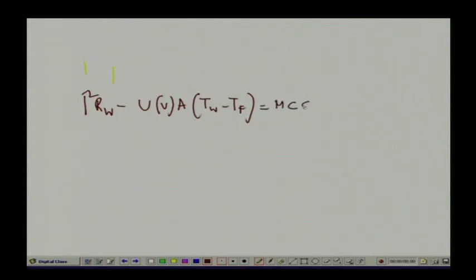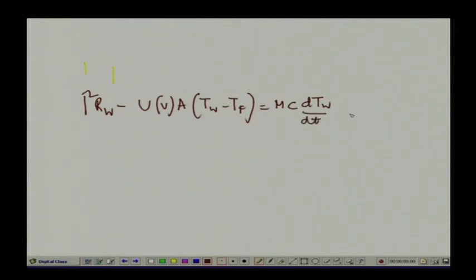Previously, our equation looks like this: I squared RW, where RW is a time varying quantity, times U V A times TW minus TF, equal to M C dTW by dt.